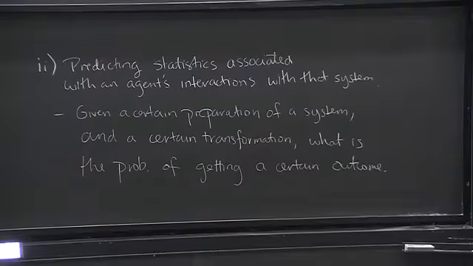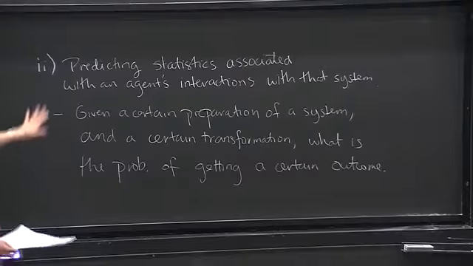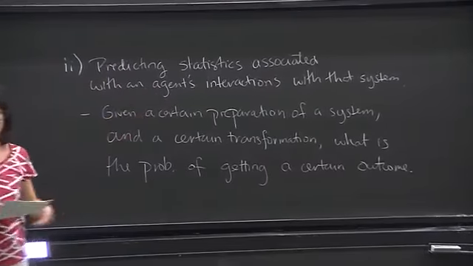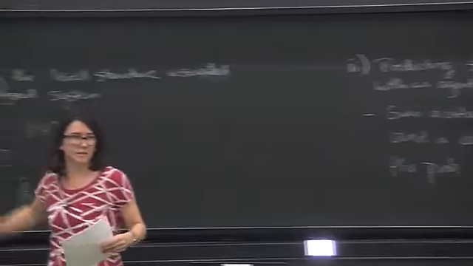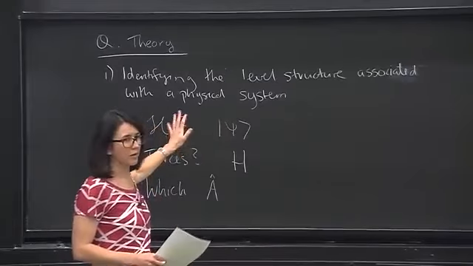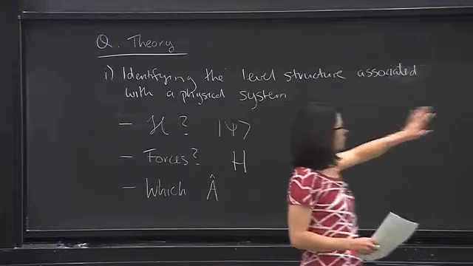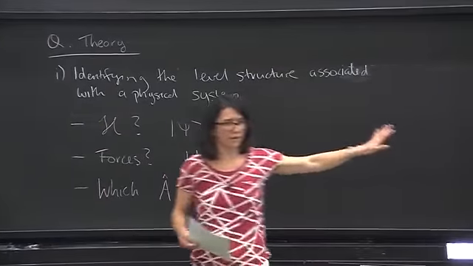But you can actually just work with this component without worrying about the details of the specific system that you're interested in. And so what we're going to do for most of this week is to just focus on this component. We're going to assume that a system can be described in some way, and then we're not really going to worry about it. And we're just going to look at the formal structure of the theory.